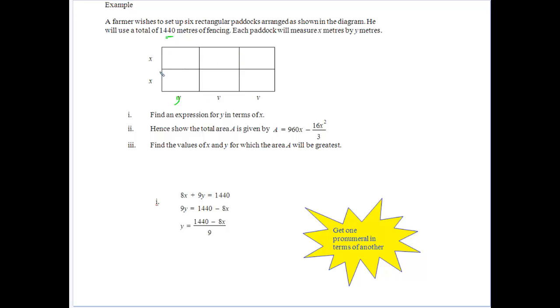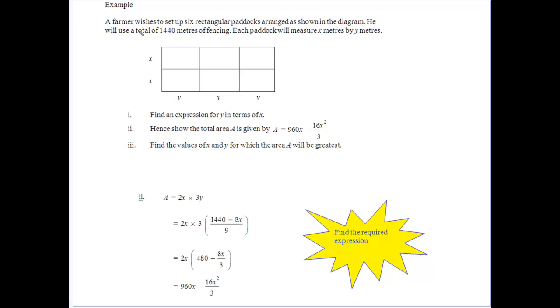So really we've got 8 lots of x and 9 lots of y making up the 1,440 meters of fencing. If we manipulate that, 9y equals 1,440 minus 8x, and then divide by 9, there's y in terms of x. That's how we get one variable in terms of another.